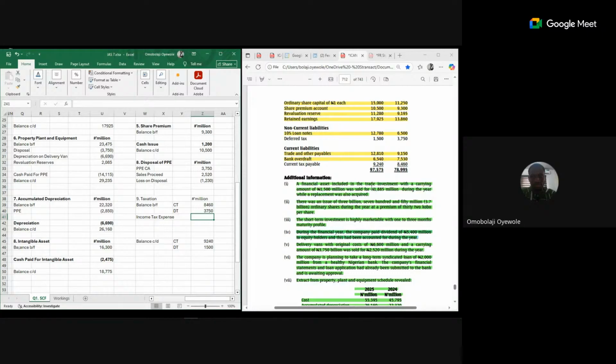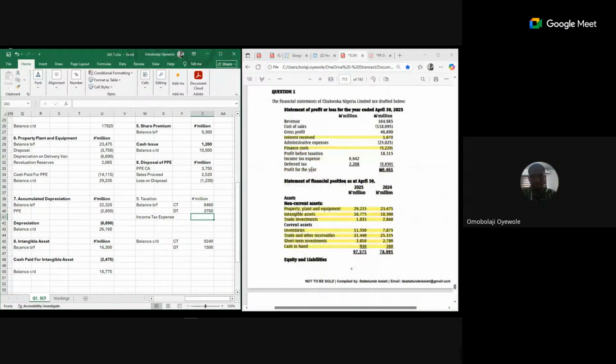So income tax expense. From the P&L, you can see we have both deferred and current. Let me sum it together: 6,642 plus 2,208. That's 8,850. That's the income tax expense.